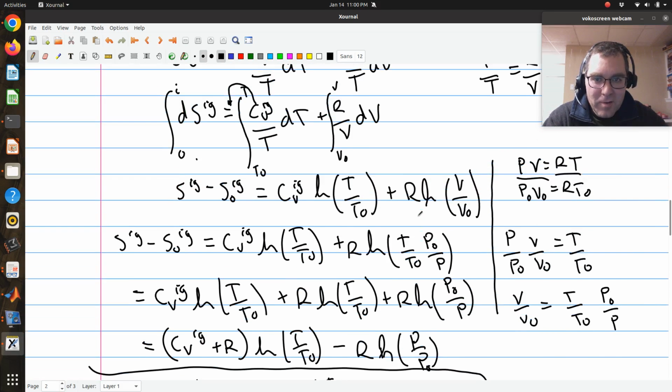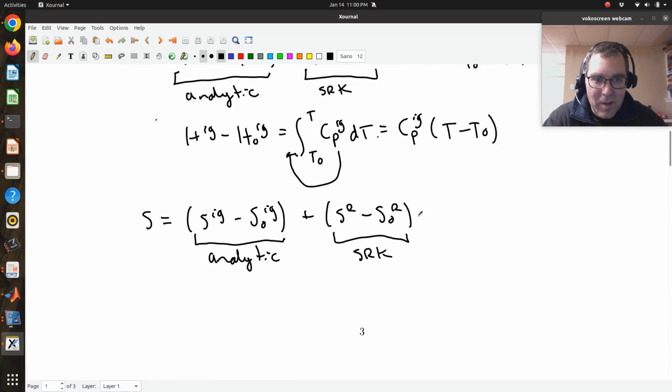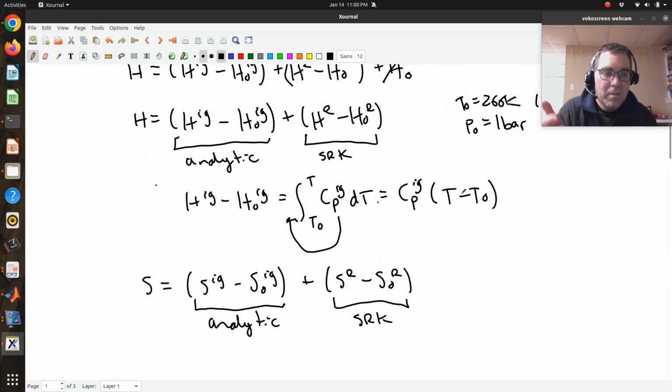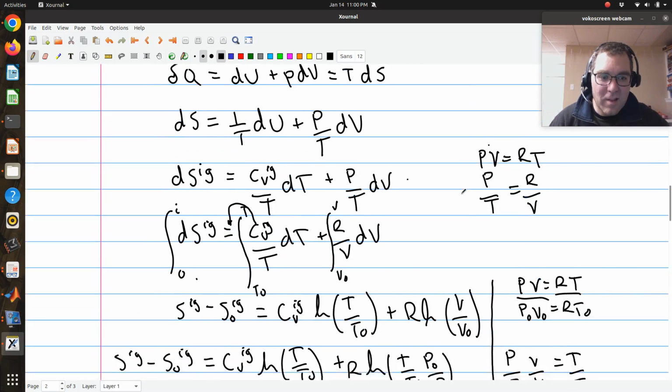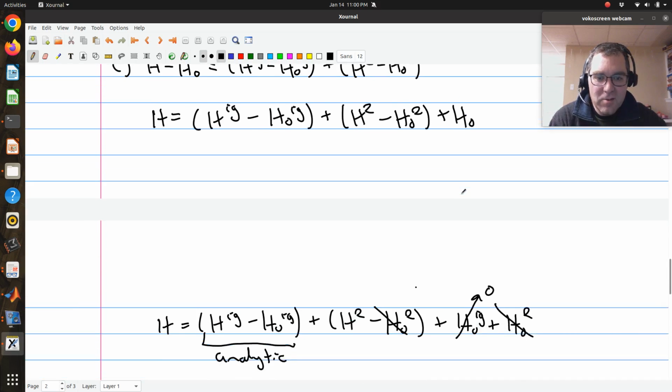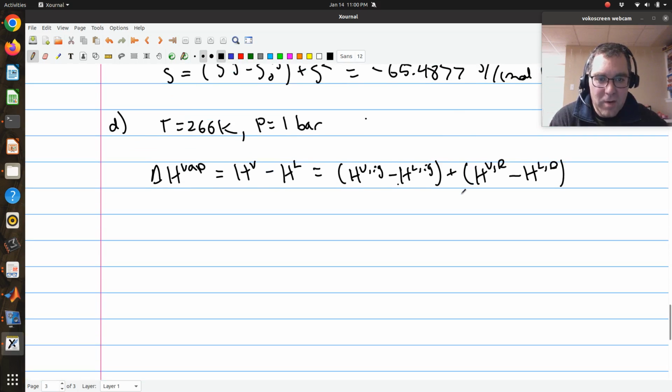Delta H of an ideal gas is Cp delta T. Enthalpy of an ideal gas is only a function of temperature, so the pressure doesn't even matter. I have some initial state and some final state, both at the same temperature and pressure. So the key is that this ideal gas contribution is just going to be 0.